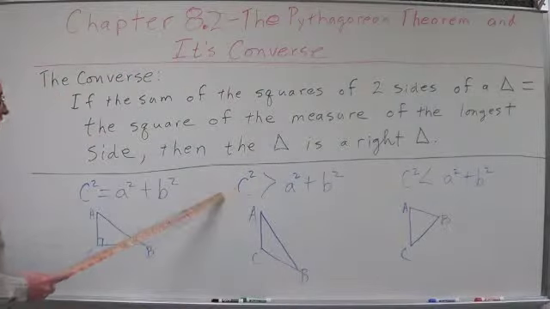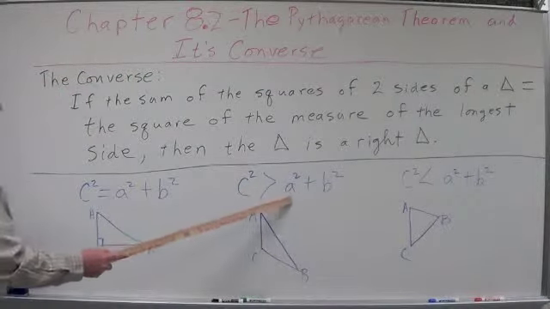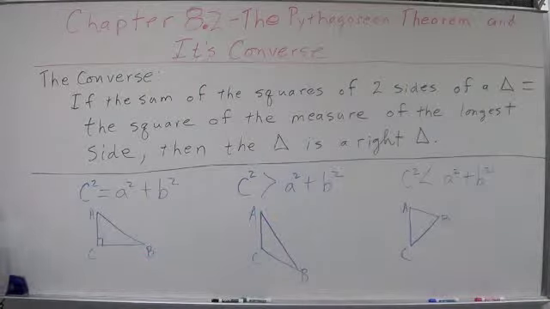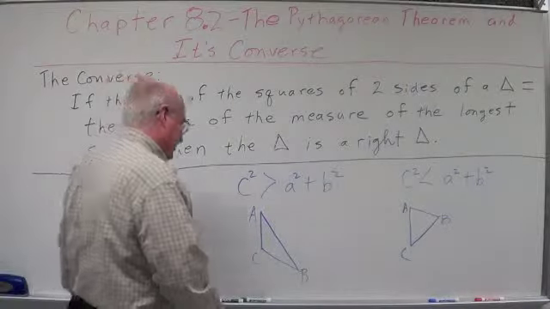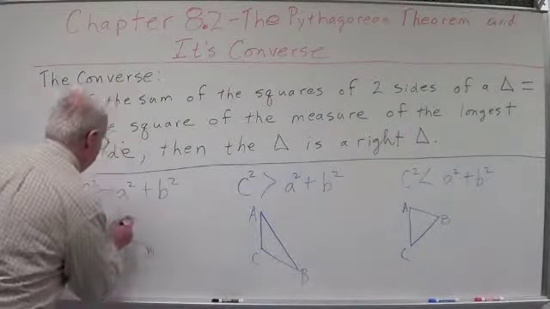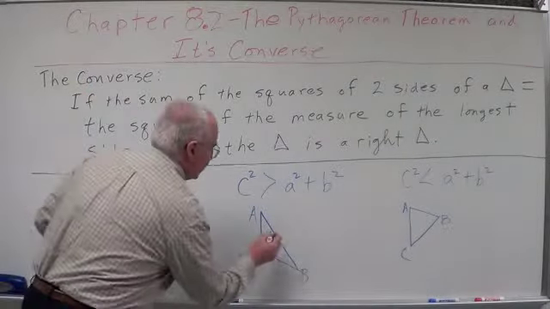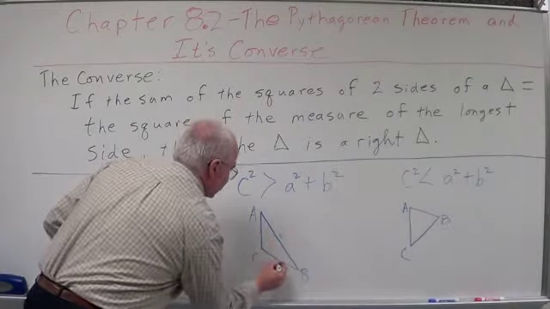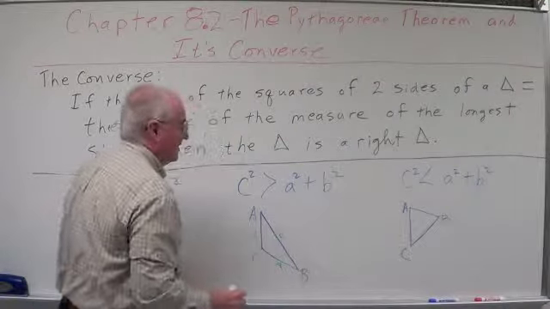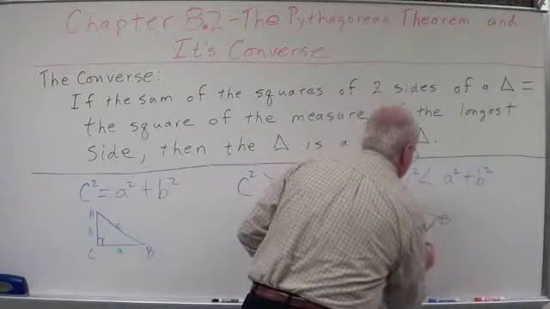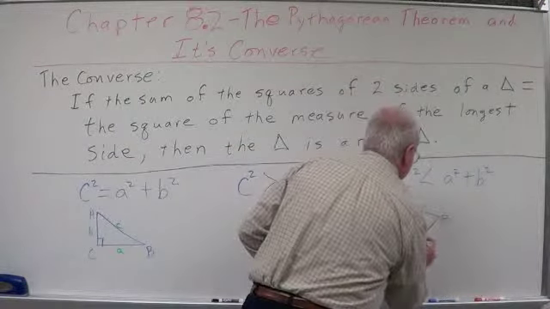Okay? Now then, let's look at the situation where c squared is greater than the sum of a squared plus b squared. When that happens, let's draw this over here. Here we've got little c, little a, and little b. Over here, little c, little a, little b. And again, little c, little a, and little b.